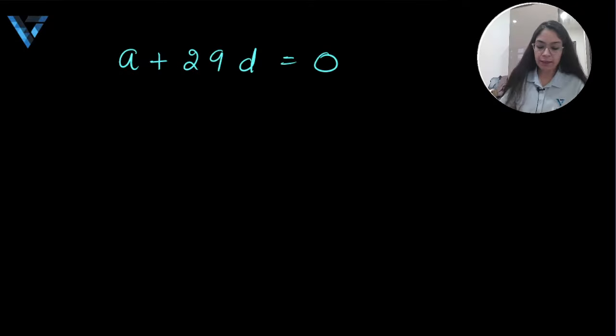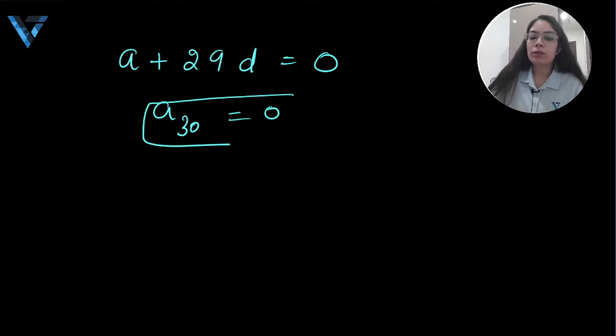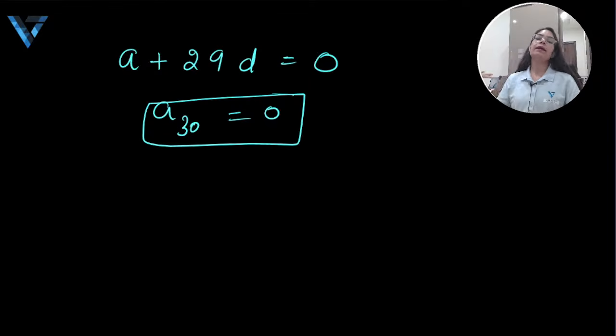Now tell me, what is A plus 29D? Yes, A plus 29D is only the 30th term. This is equals to 0. The formula for the 30th term is A plus 29D.